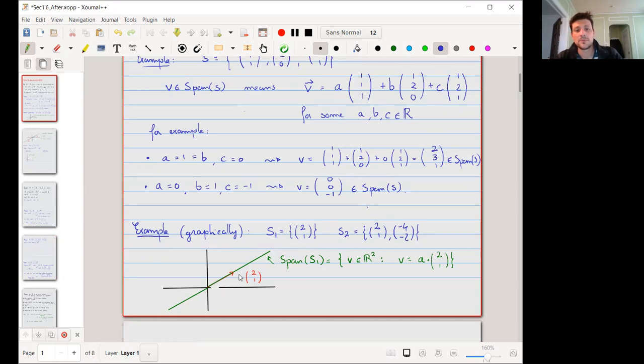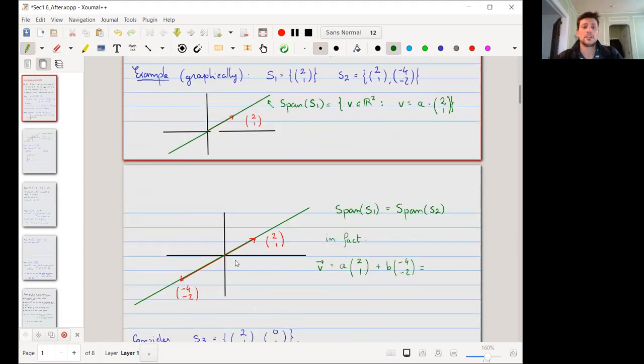It's drawn here. All the vectors that are linear combinations of (2, 1) are just scalar multiples of the vector (2, 1). Writing down all of the scalar multiples is equivalent to considering the line parallel to the vector (2, 1) passing through the origin.